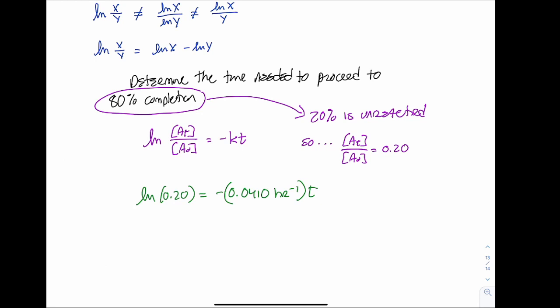Please, with all of these examples that I'm doing, work through them also. If I'm doing it too fast, hit pause after I set it up and plug it into your calculator yourself. You need to be able to do this on your calculator. You need to know where your natural log button is. You need to know what to do with the negatives. The log of a number less than 1 is going to be a negative value.